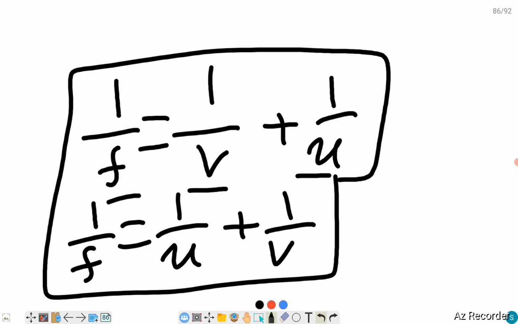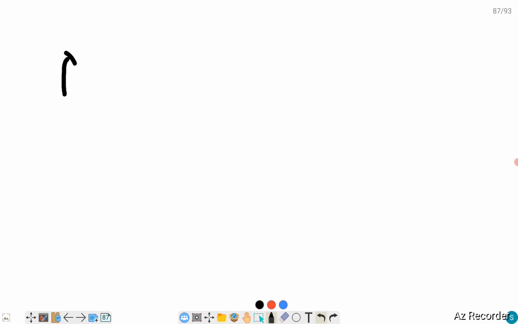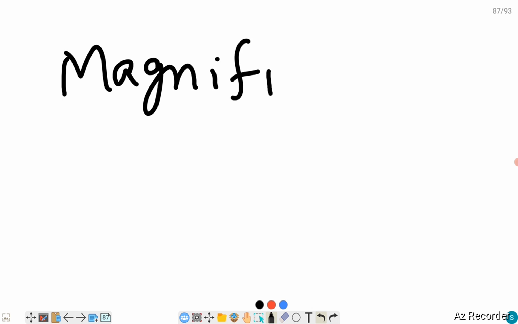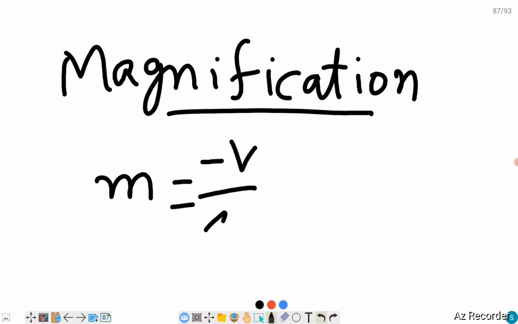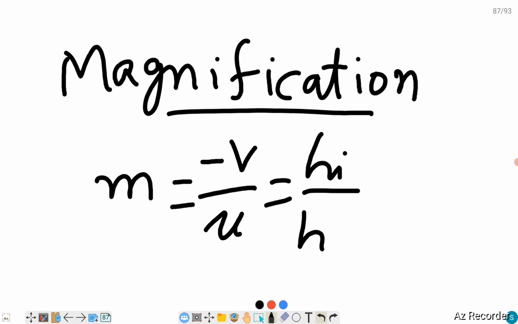And one more formula we have, that is magnification. So magnification gives whether the image is bigger or smaller when compared with the object. Understood? So magnification is denoted with the letter M. It will be minus v by u, which is equal to height of image by height of object.